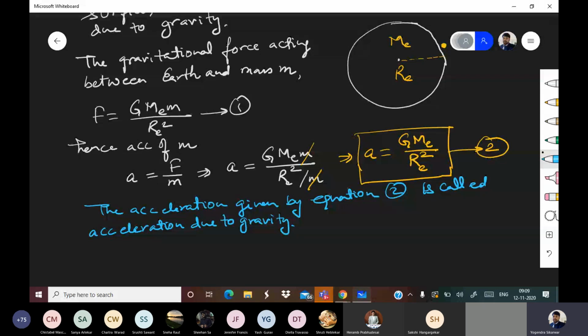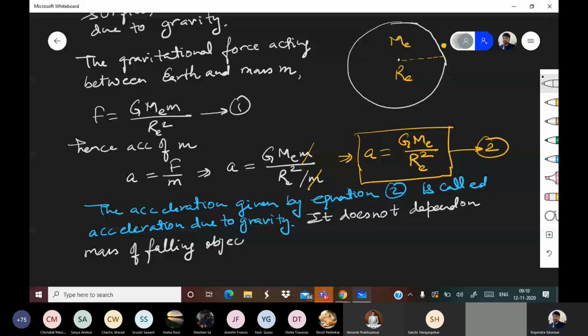It does not depend on the mass of the falling object.